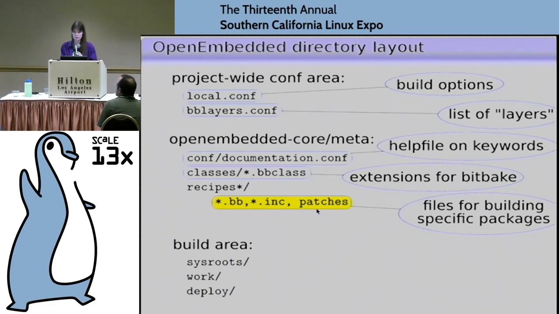And then you need a place for patches too, because again, just like with Buildroot, there's the common problem of your upstreams not always being very cross-compile friendly. So sometimes you have to carry around those patches that make it compile with the cross-compiler, or even just for a specific architecture.